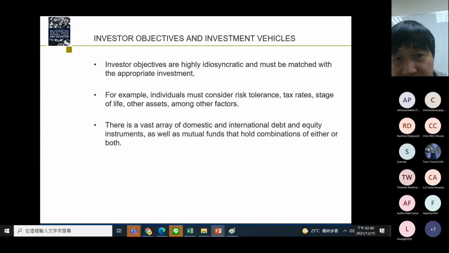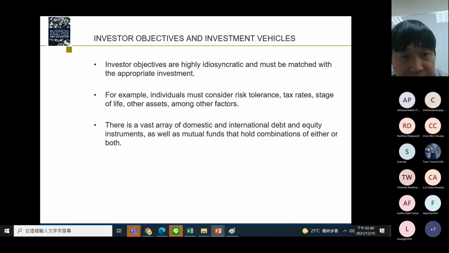Investors' objectives are highly idiosyncratic and must be matched with the appropriate investment.